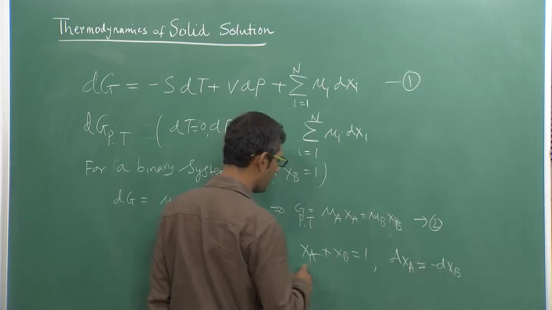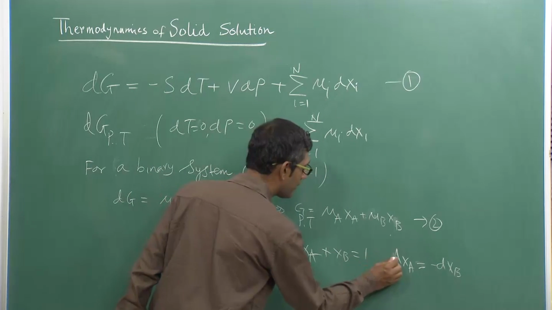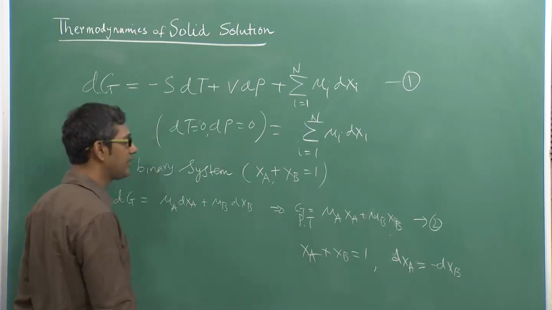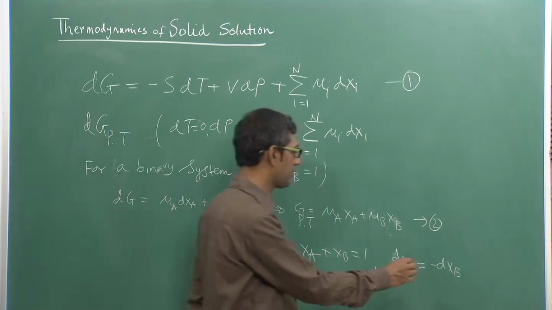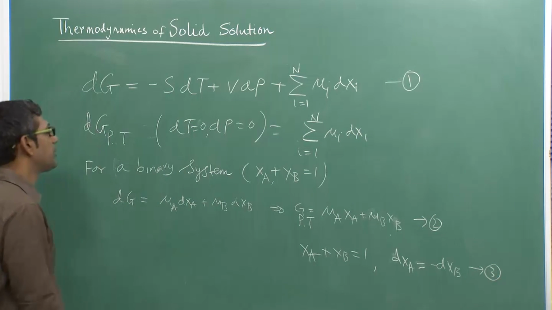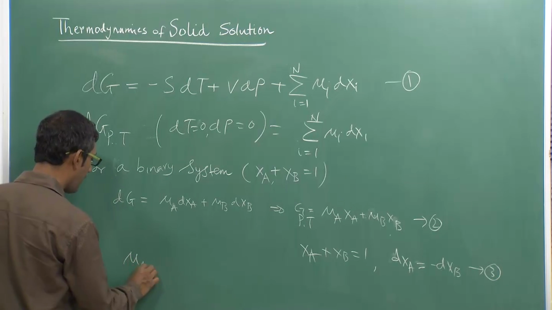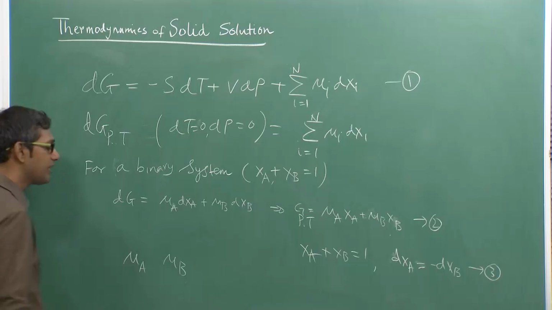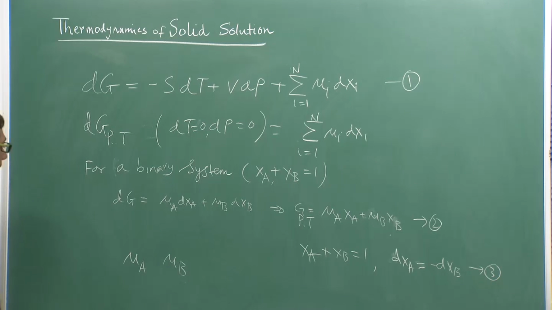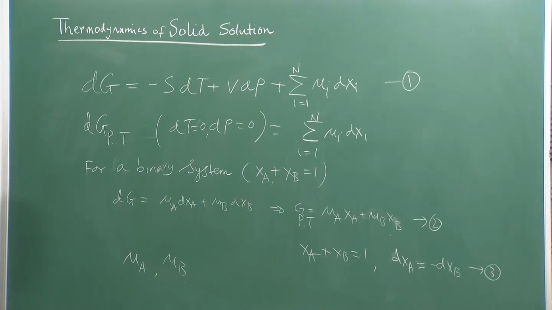We can use these three equations to arrive at the result that mu A and mu B can be easily derived as tangents to the free energy curve, and this I leave to you to derive, because I have given you the equations. You can do it as part of homework in the course.